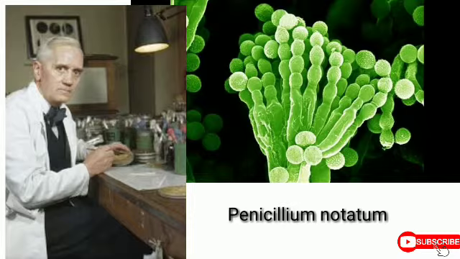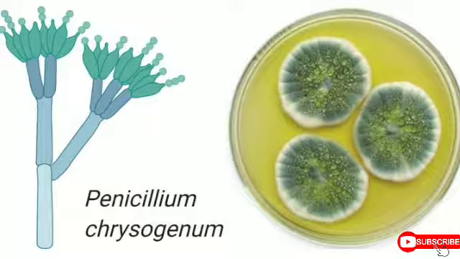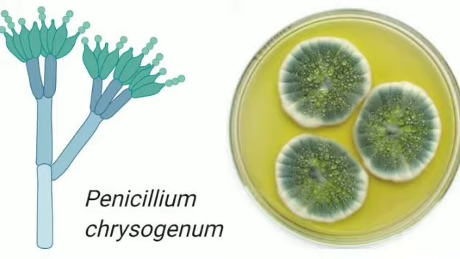Fleming was awarded the Nobel Prize for it. But nowadays, more penicillin is obtained from Penicillium chrysogenum. Fleming was a doctor in the British Army, and while working on the bacterium Staphylococcus, he discovered penicillin by chance. The discovery of penicillin was a serendipity, that is, a chance discovery.